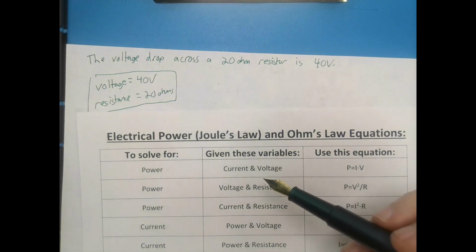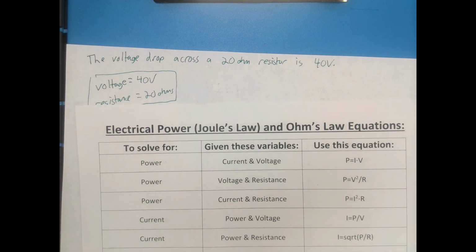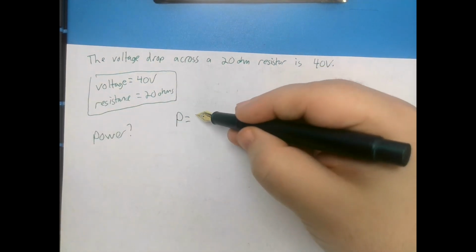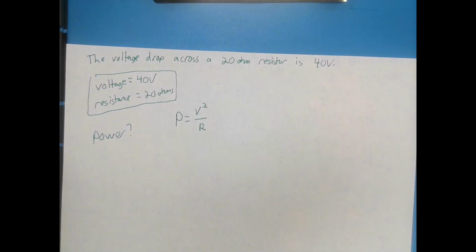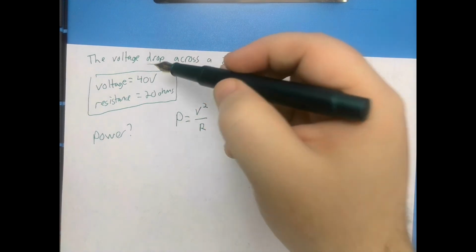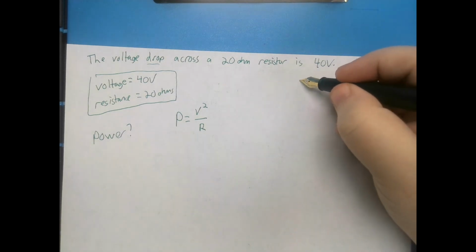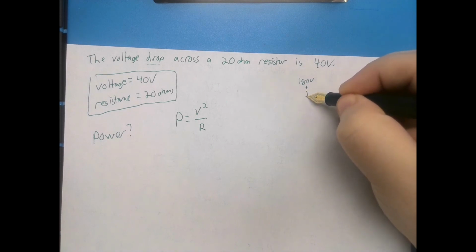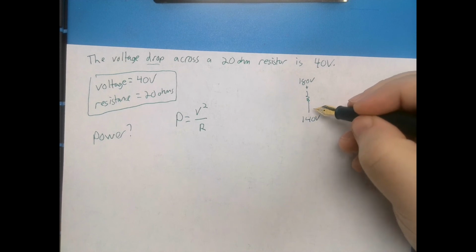Power, if given voltage and resistance, is equal to voltage squared over resistance. The reason why it's called a drop here is because voltage is relative. This voltage drop could go from 180 volts on one side of a resistor to 140 volts on this side.